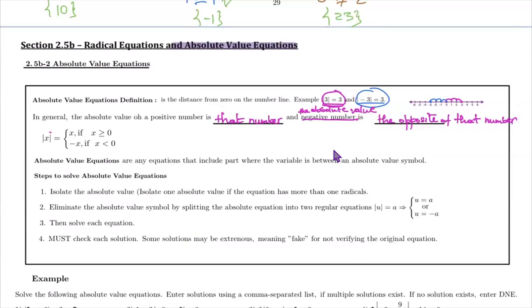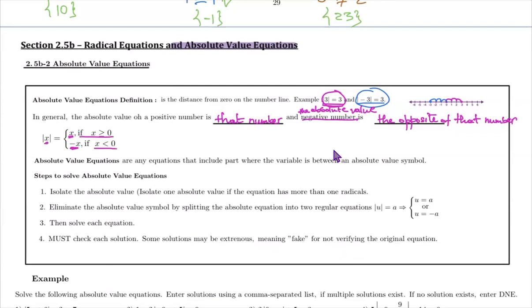That means, by definition, the absolute value of a number x, whose value I don't know, will be that number if the number is positive or 0, and it will be the opposite of that number if the number is already negative.